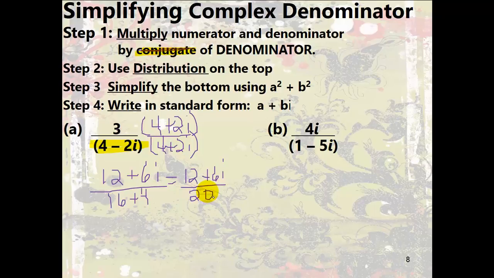It might help you to see how to reduce, and I get 12 over 20 plus 6i over 20.